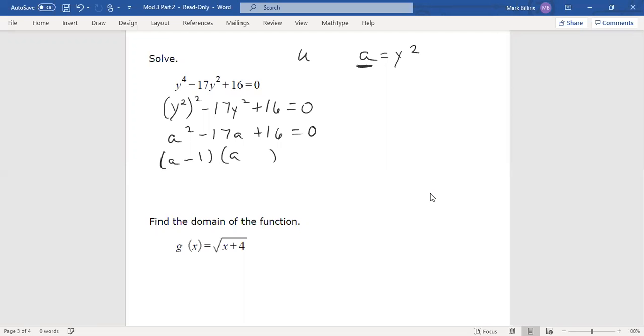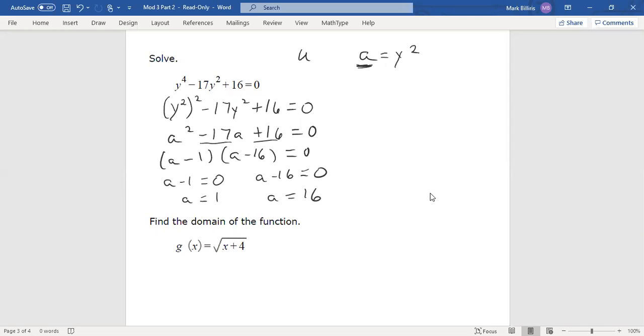So that'd be a negative 1 and a negative 16, because negative 1 minus 16 is negative 17, and negative 1 times negative 16 is positive. So now I set each factor to 0 and solve. So in the first one, a equals 1, and the second, a equals 16.